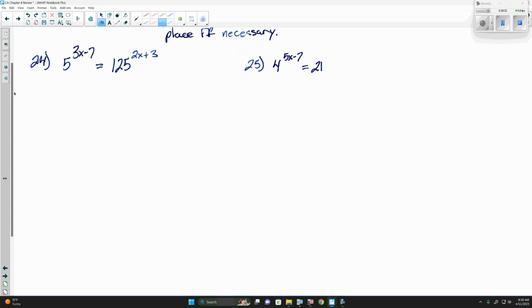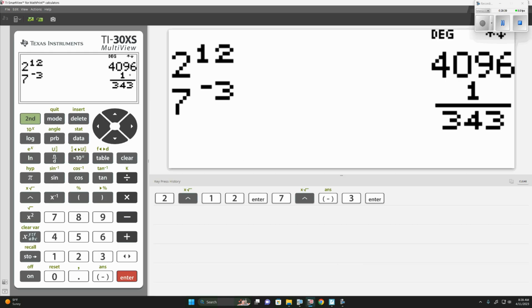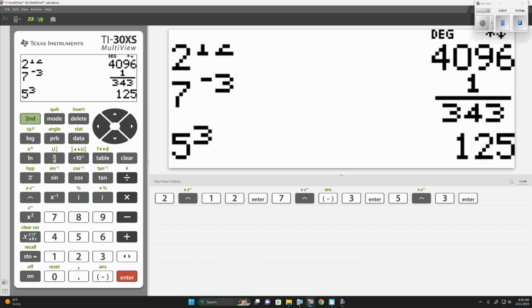Let's look at 24. Now there's different ways we can go about 24 because we can apply ln to both sides and solve. We can apply log base 5 to both sides and solve. But one thing that is nice about 24 is 125, incidentally, is 5 to the third.